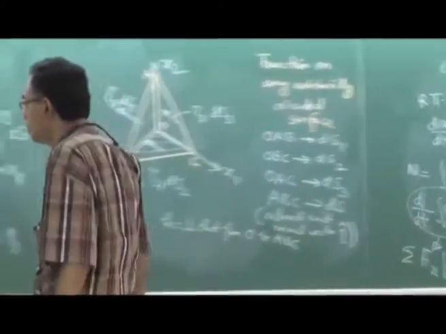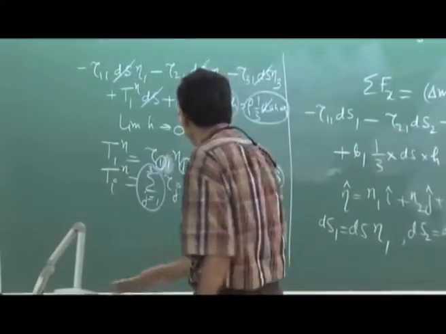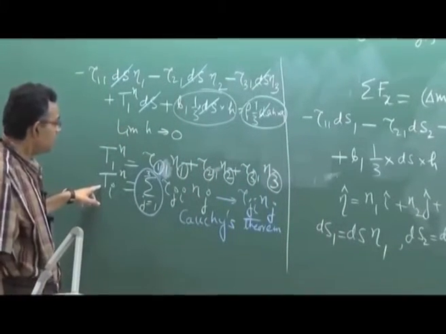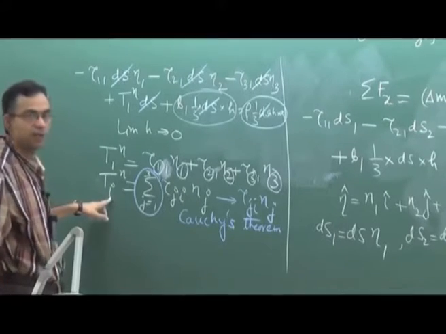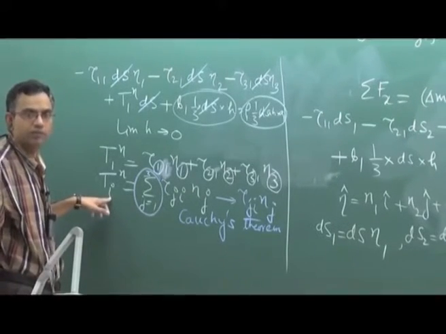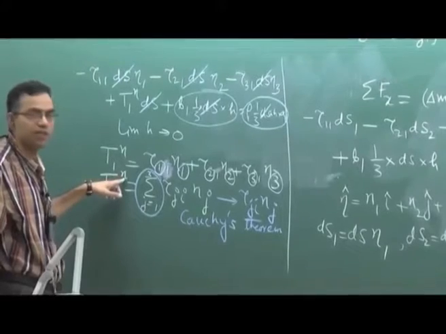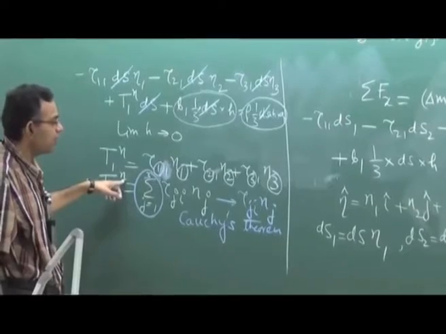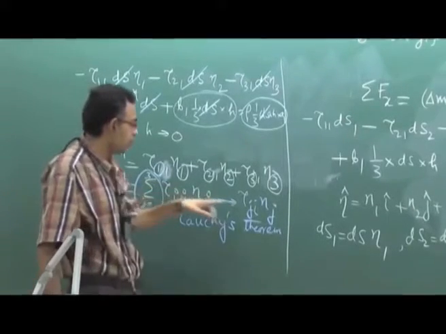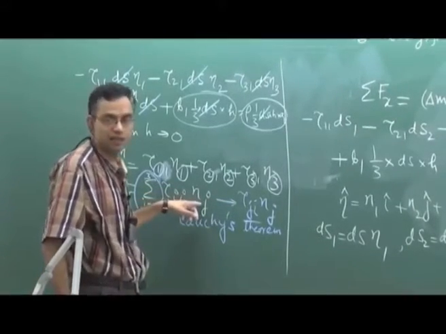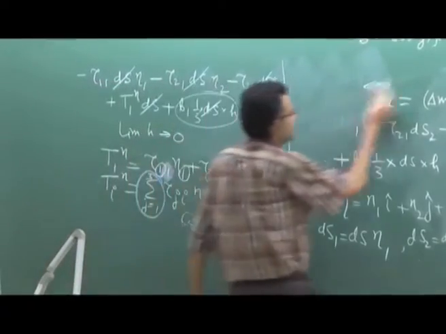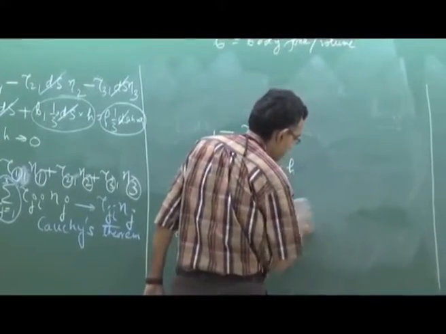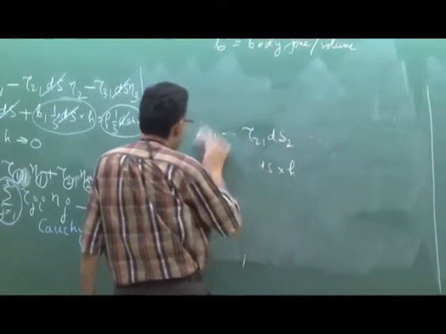So, we will write the corresponding expression, which is already written here: T with subscript i is the direction of action of the force, and superscript eta is the direction normal to the arbitrarily oriented surface, in terms of the summation of tau j i eta j. So, we will be writing that now in a matrix form.